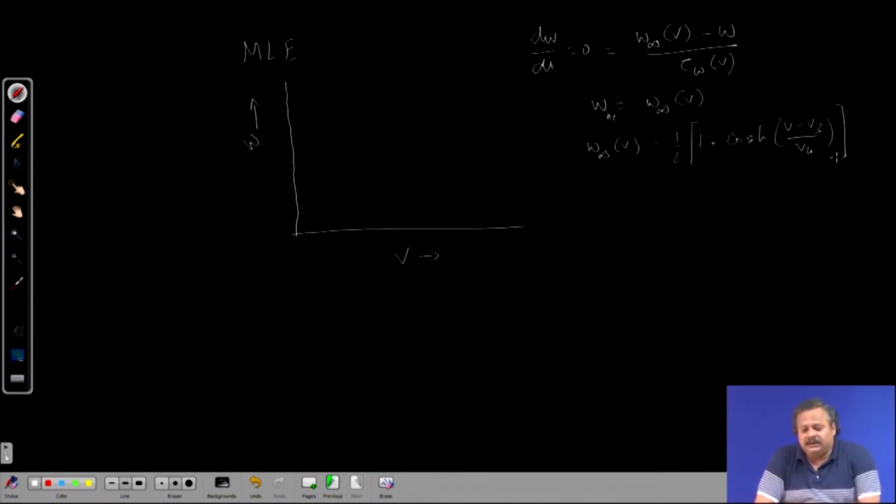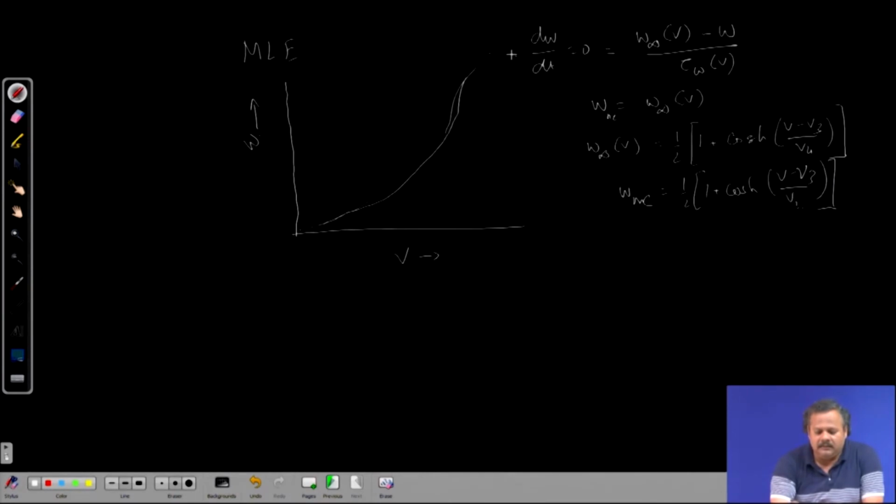As you can see, it is a relationship between W and V. So, our W null-cline is going to be this half of 1 plus cosh of (V minus V3) by V4, that means W as a function of V. This will turn out to be something like a sigmoidal curve, and then it will saturate at 1. We are drawing, let us say, only the bottom half of it.